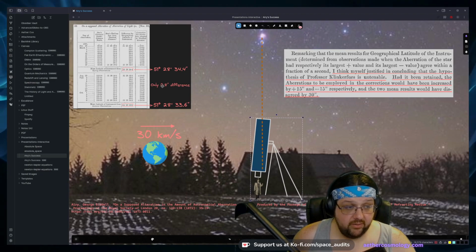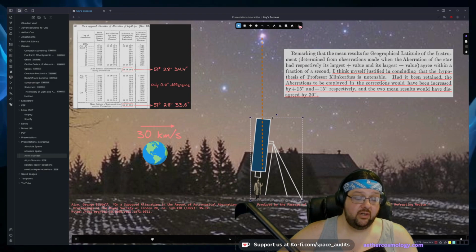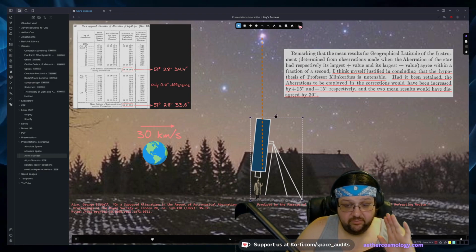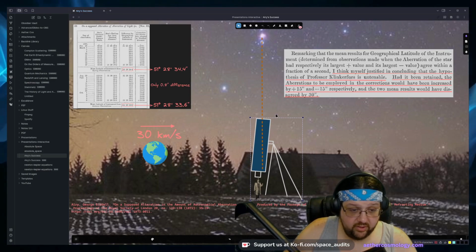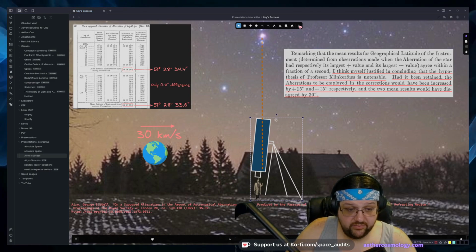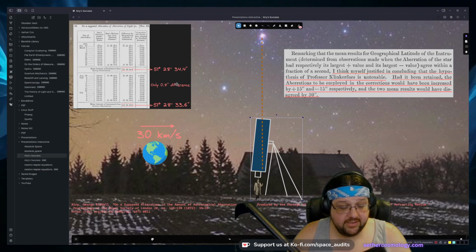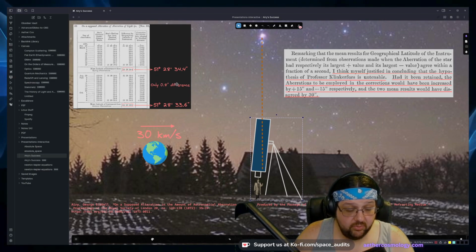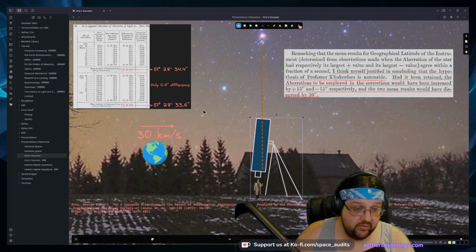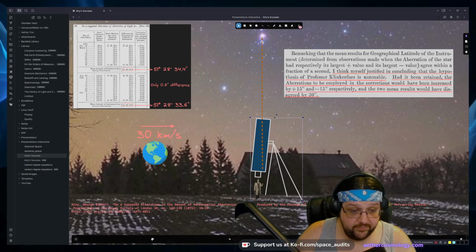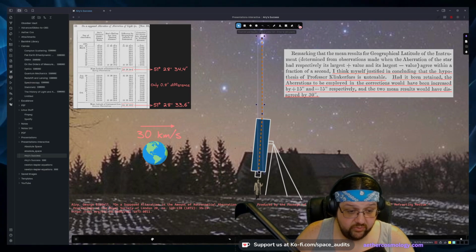The predicted amount was 30 arc seconds of tilt. So they were saying they were going to have to tilt the telescope forward by 30 arc seconds in total over the course of a year. And what they found is that they only had to tilt it 0.8 arc seconds. So a fraction of an arc second, not even a full arc second, when the telescope is filled with water.